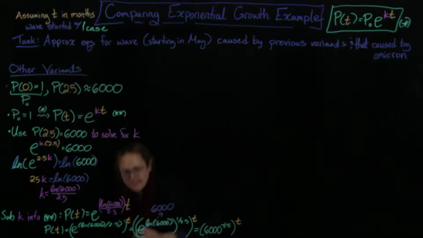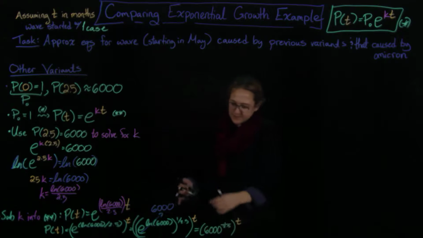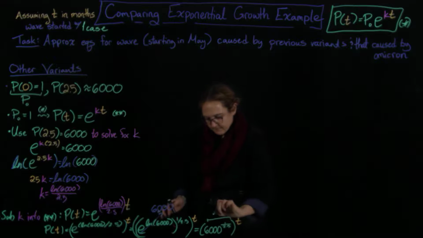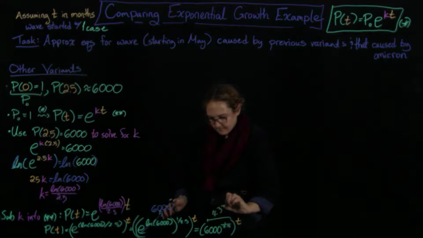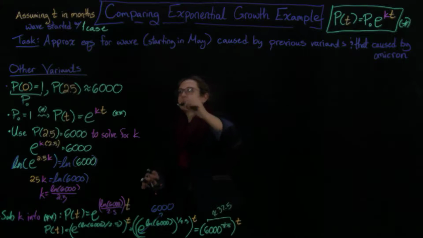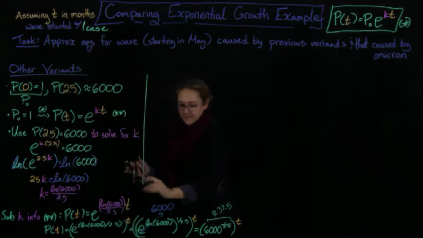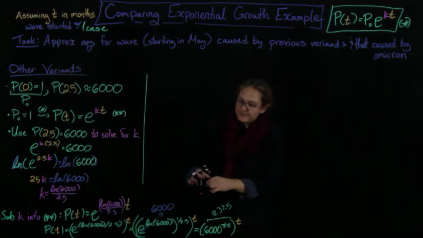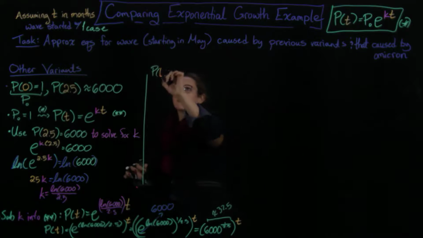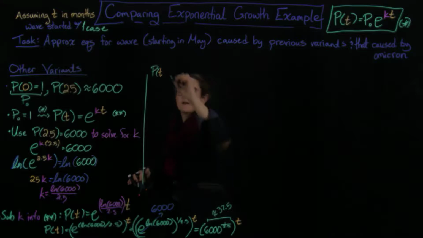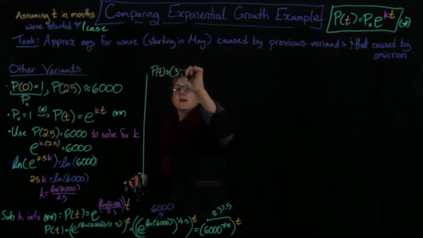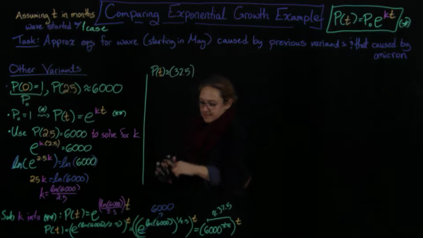Okay, and I know that this is approximately 32.5. So putting all that together, I'm going to get that P of t is going to be approximately 32.5 to the t, right?